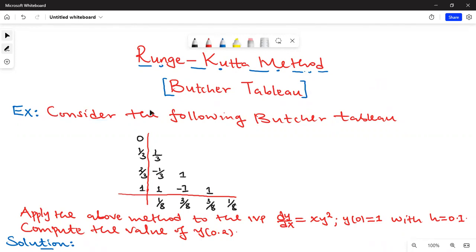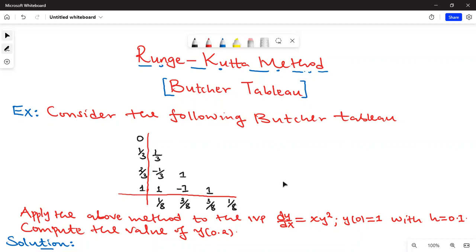We are asked to consider the following Butcher table. Apply the above method to the IVP given by dy/dx = xy², subject to the initial condition y(0) = 1, with step size h = 0.1, and compute the value of y(0.2).